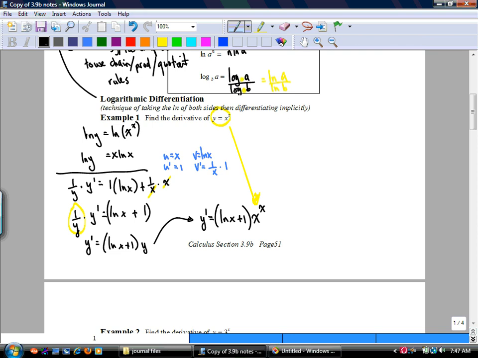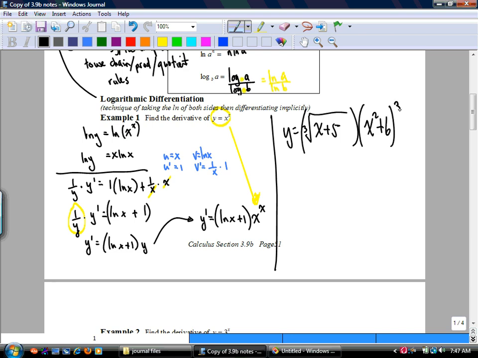Okay, the other time you use logarithmic differentiation. When I say the derivative of the top, you're going to have to use the product rule.